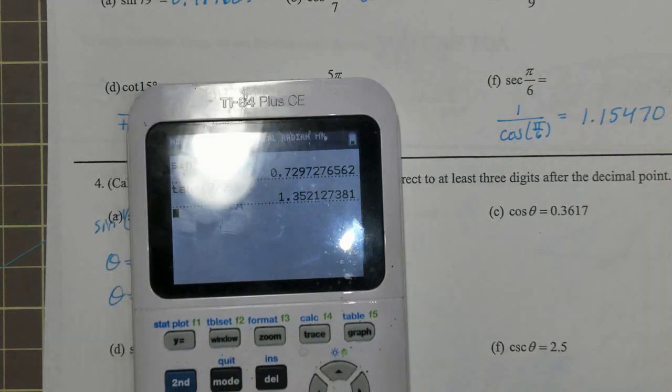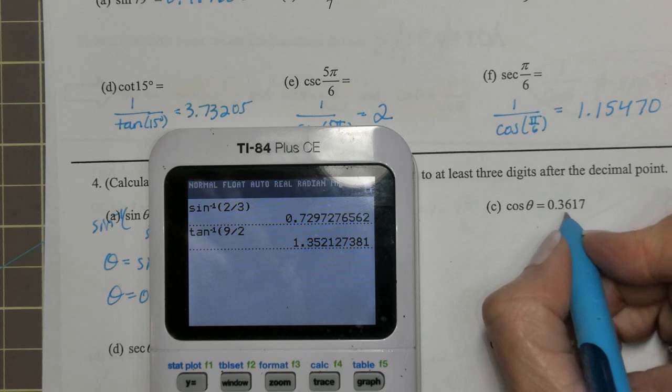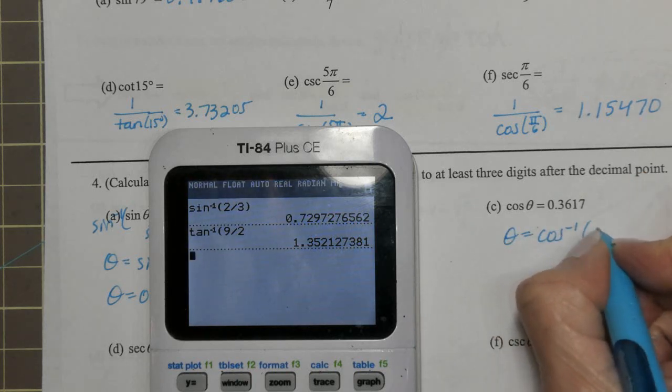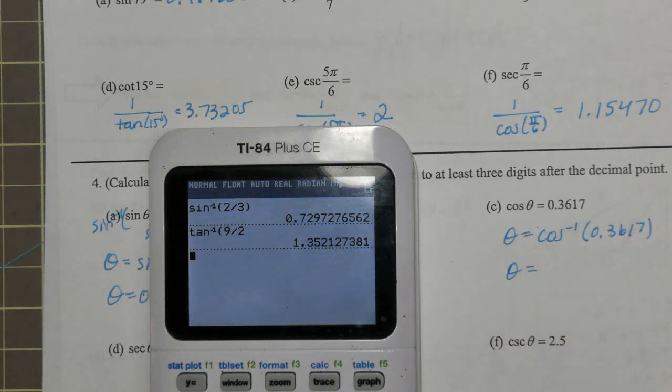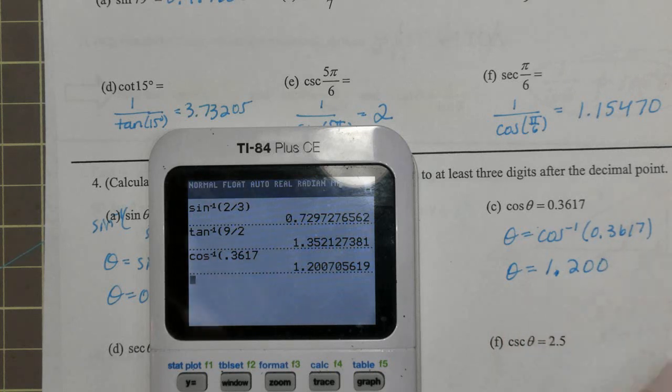Okay. Cosine of theta is 0.3617, so theta is inverse cosine of 0.3617, which is 1.200 radians.